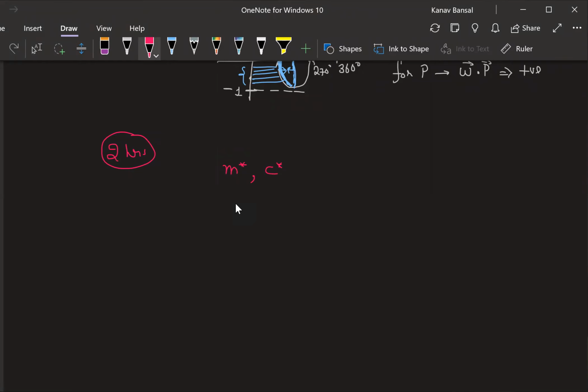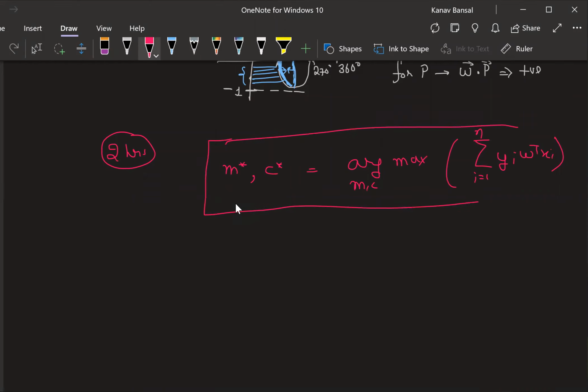Let me try to show you how the equation looks. If you start learning it, within 2 hours you will reach here, but the next 2 hours are going to make you reach where the actual equation of this entire thing lies.